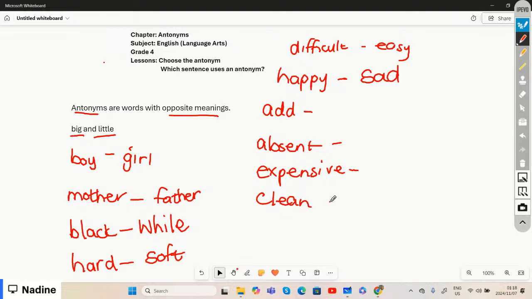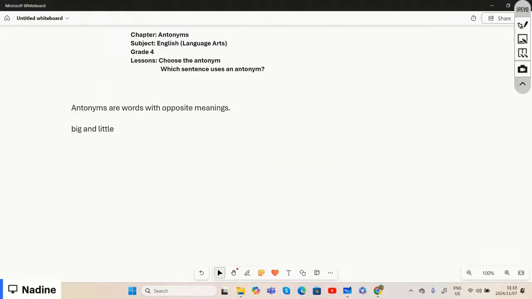Clean or dirty, hot or cold, skinny or fat.